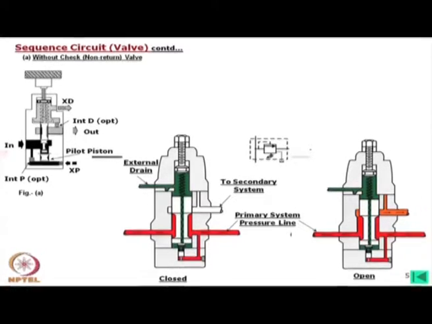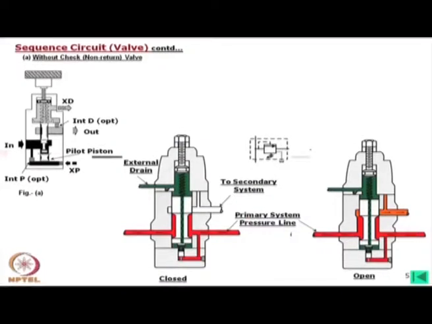Of course, we have to see that when oil is coming back, we have to find some other path. Here in this case we have used a check valve, which is an integral part of the sequence circuits I showed earlier.